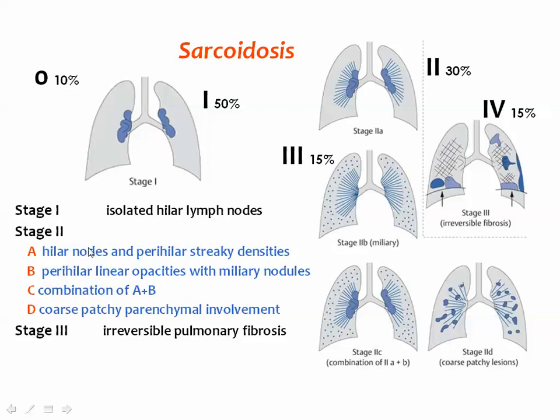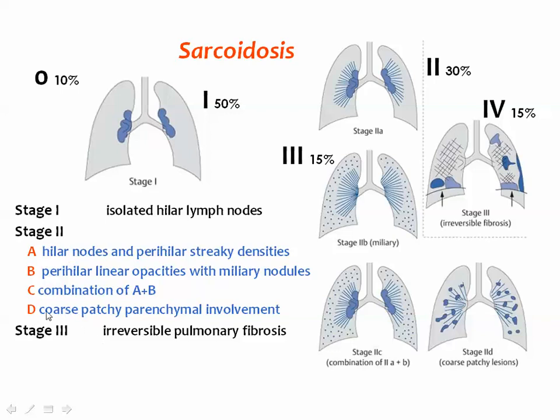And stage 2 means that you have nodes or no nodes, but you have affection of the lung in the form of linear opacities, and this is stage 2A, perihilar opacities and nodules, and this is stage 2B, the combination of opacities and nodules, and this is stage 2C, then coarse parenchymal involvement is stage 2D.